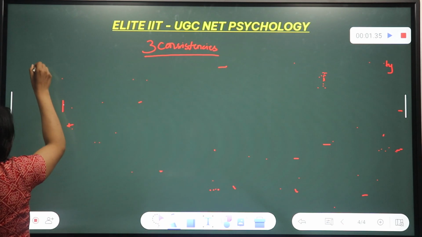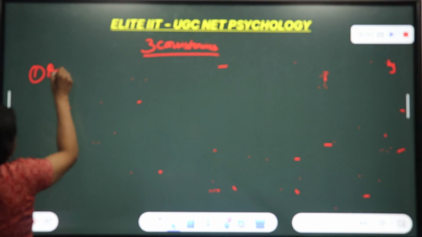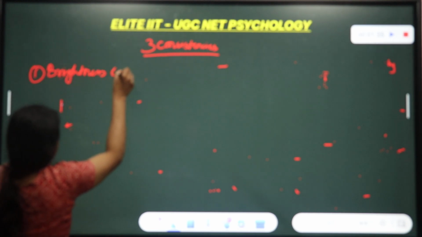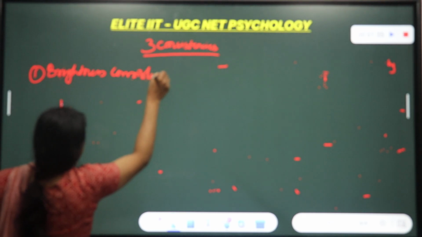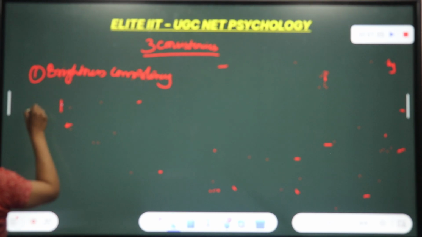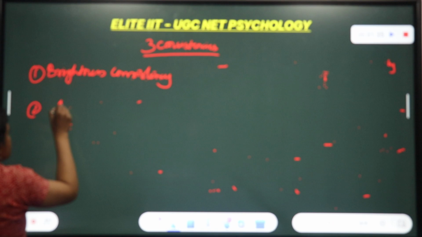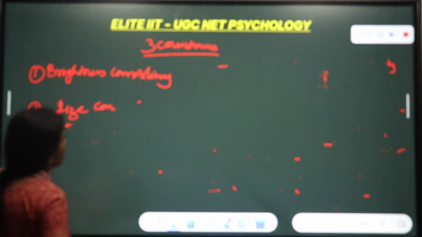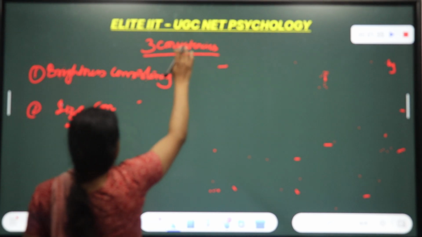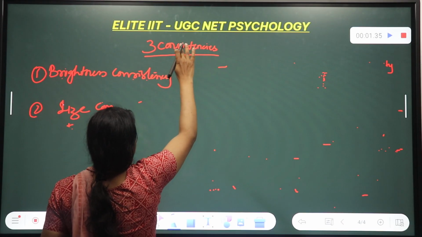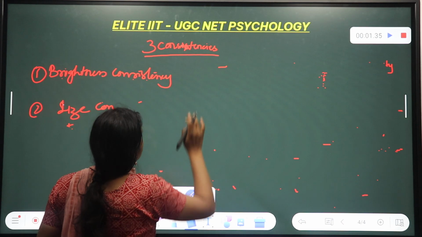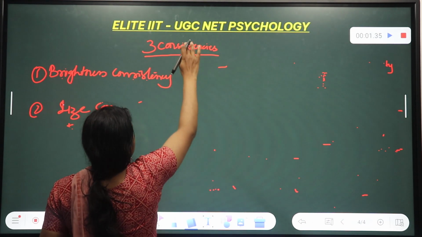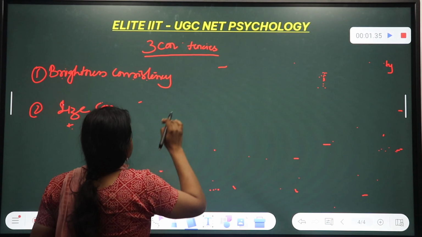First is brightness consistency. Second is size constancy.